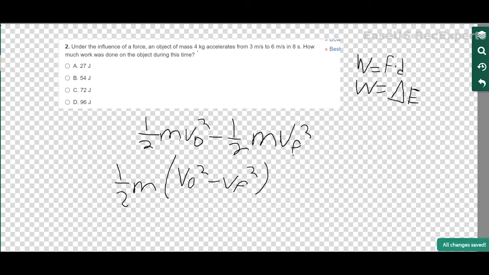And we know that 1/2 m is going to be equal to 2, because 1 over 2 times 4 gives you 2.